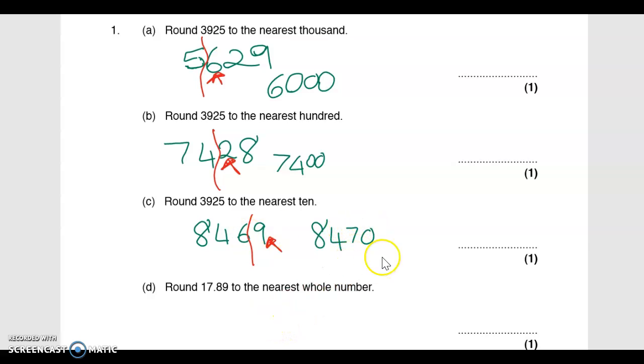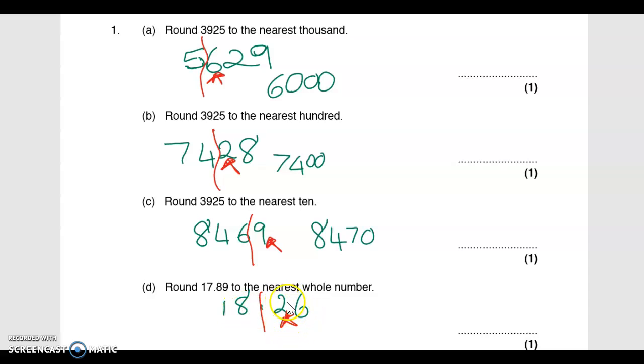Right, now we're looking at rounding to the nearest whole number, so that's the units. Let's say I have 18.26, and I'm rounding this to the nearest unit. So I'm cutting it off here and I'm looking at this number here.